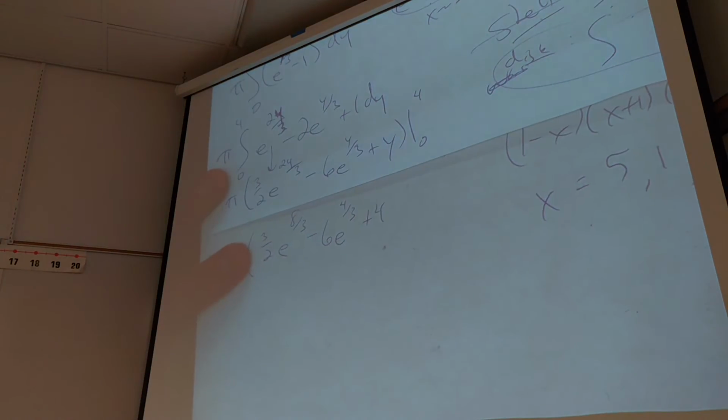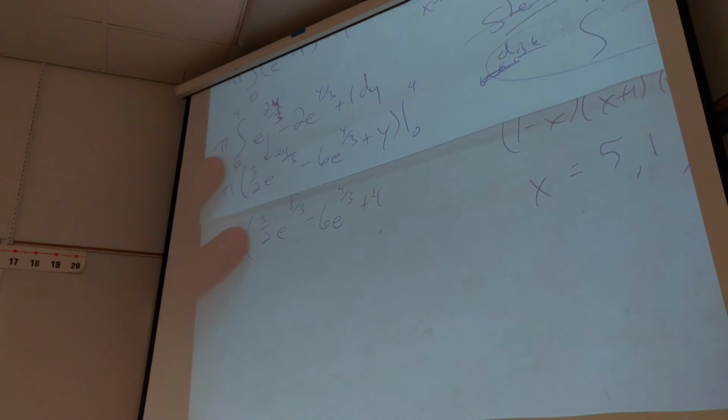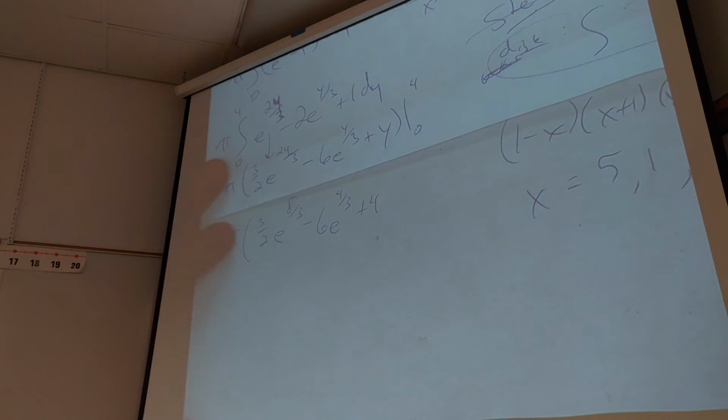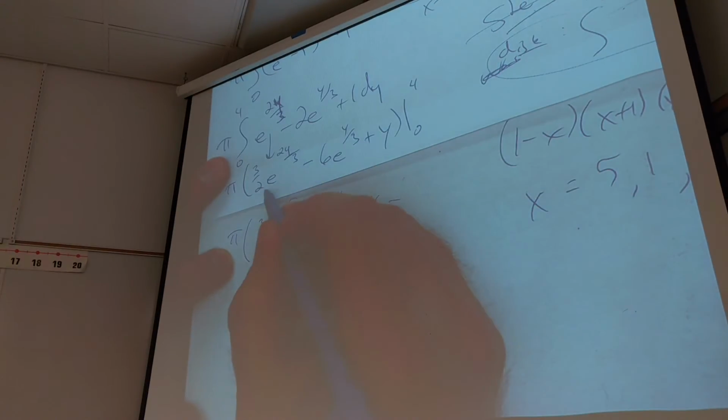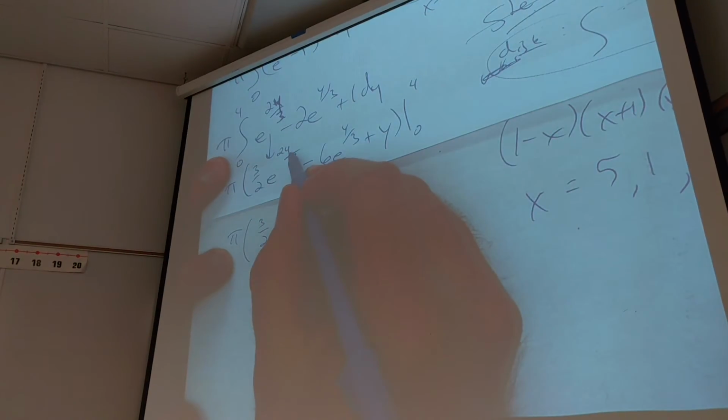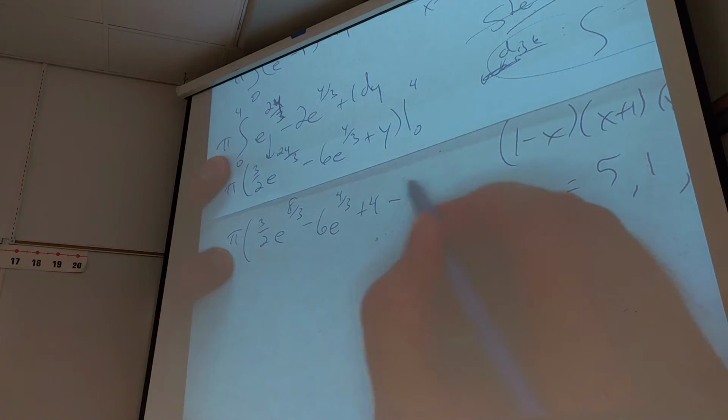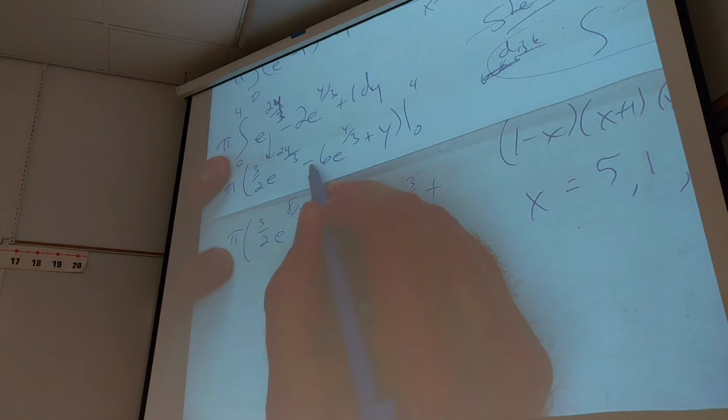Just plug a 4 in, right? It's easy because I don't know what those are, so I just write them. Minus, what do you get when you plug a 0 in? 1. Yeah, 3/2 times 1. So it'll be minus 3/2 plus, is it cool? Minus a negative.